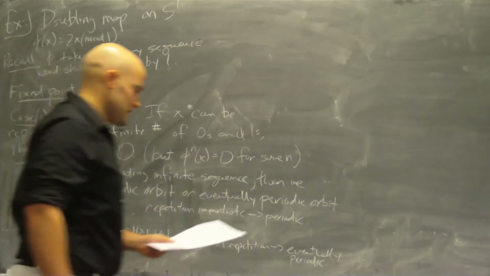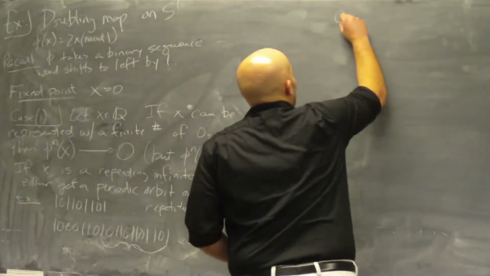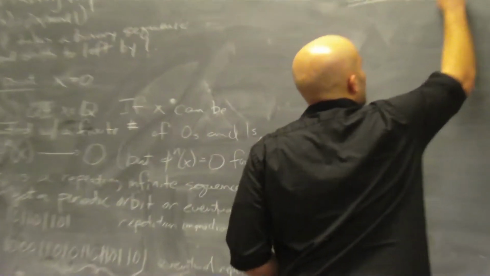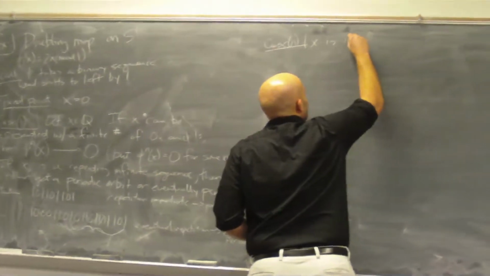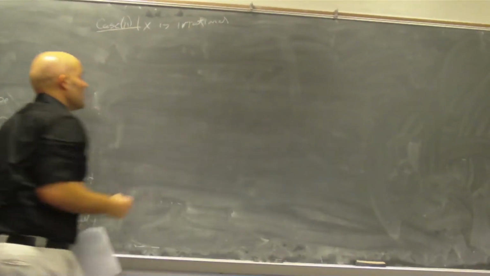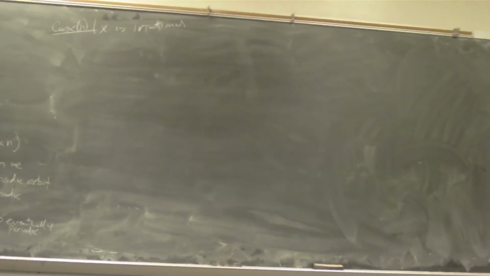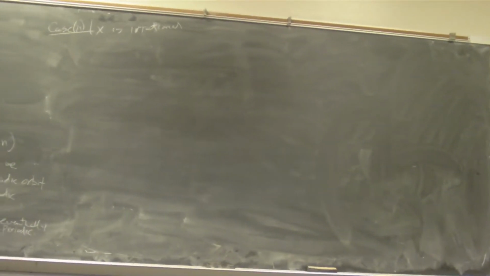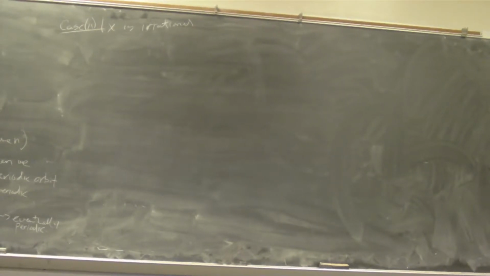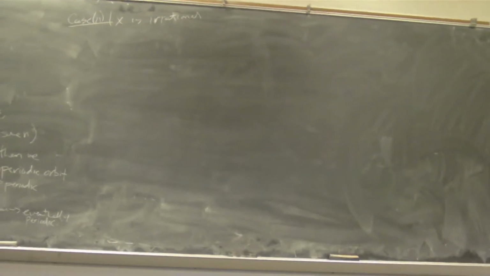So what happens if it's irrational? Since it's irrational, if you expand it using the binary sequence, there's no repetition. I mean, that's what an irrational number does. There's going to be no repetition in its expansion, so we get no periodic behavior whatsoever for this.